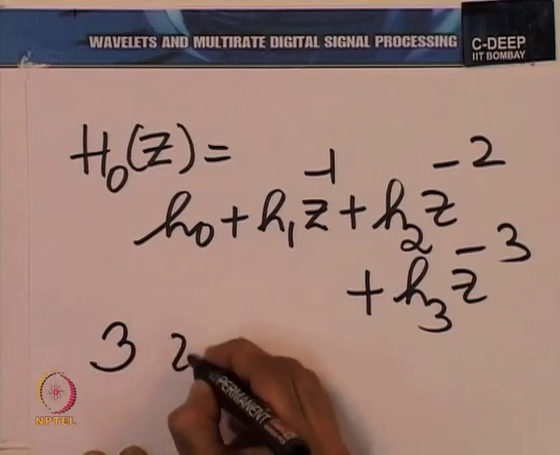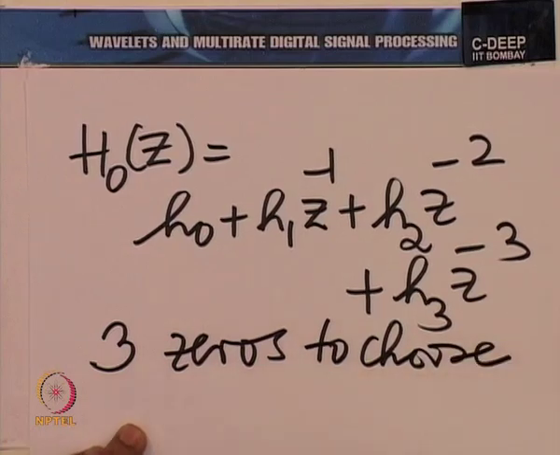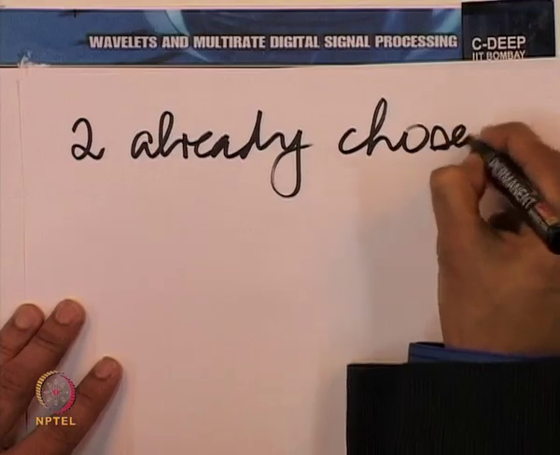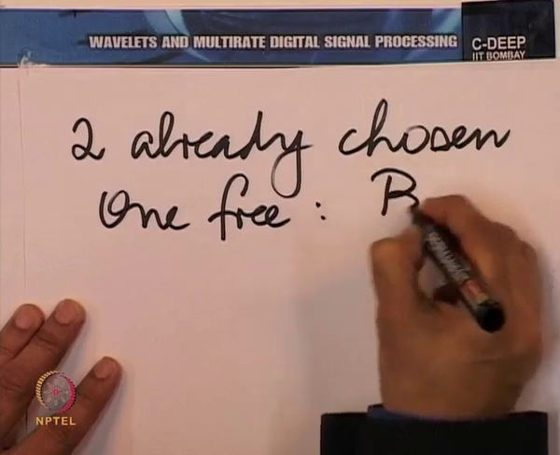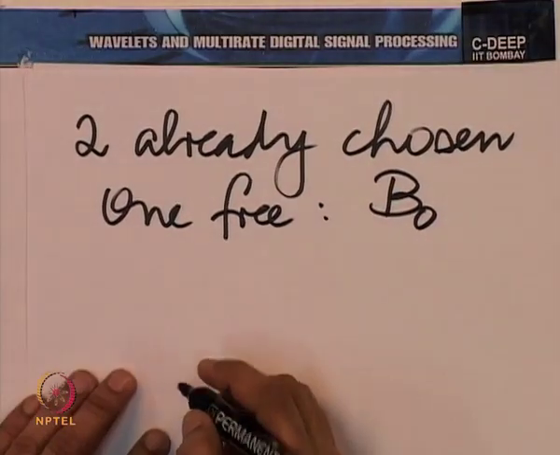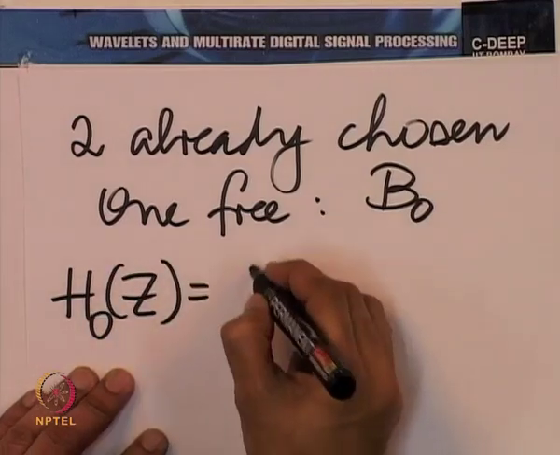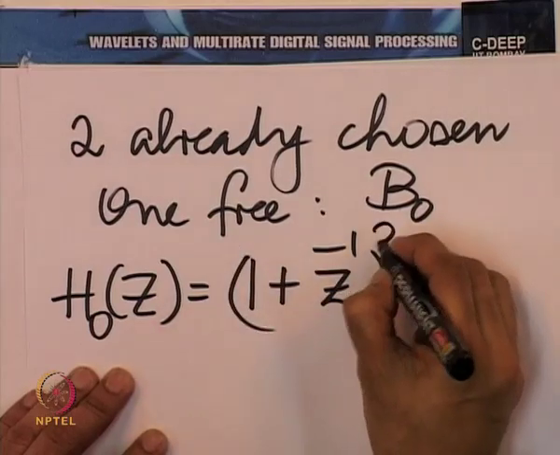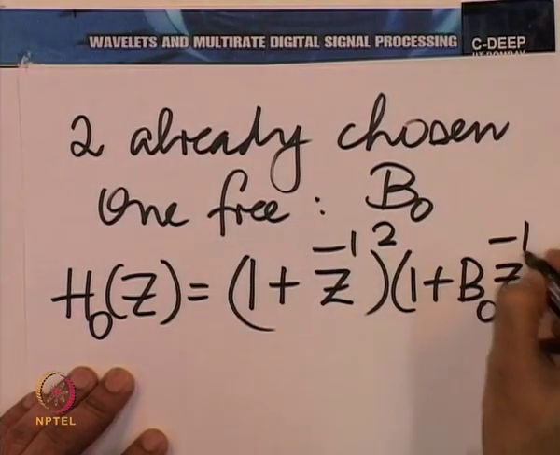So, there are 3 zeros to be chosen. Out of them, we have already chosen 2. So, we have only one free. Let that free one be at b 0. So, in all, it is very simple. We can take h 0 z to be of the form 1 plus z inverse the whole squared times 1 plus b 0 z inverse.